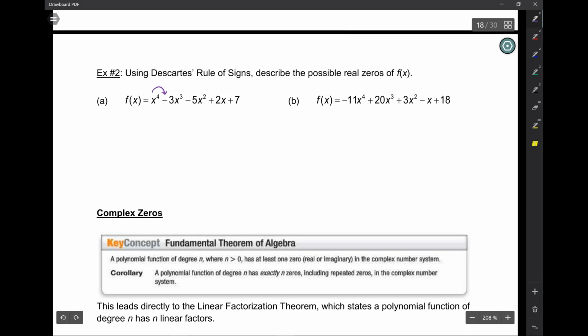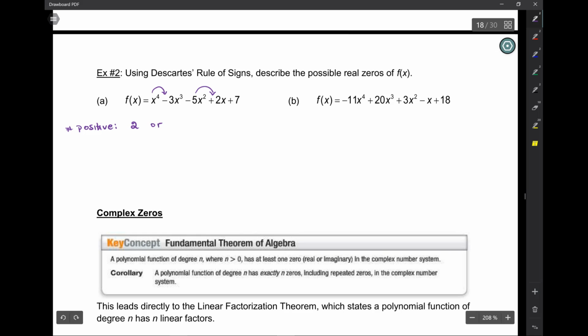So there is one change there. And then it's negative. Here it changes to positive. So there are 2 times where the sign changes from positive to negative and vice versa. So I say the number of positive zeros is 2.